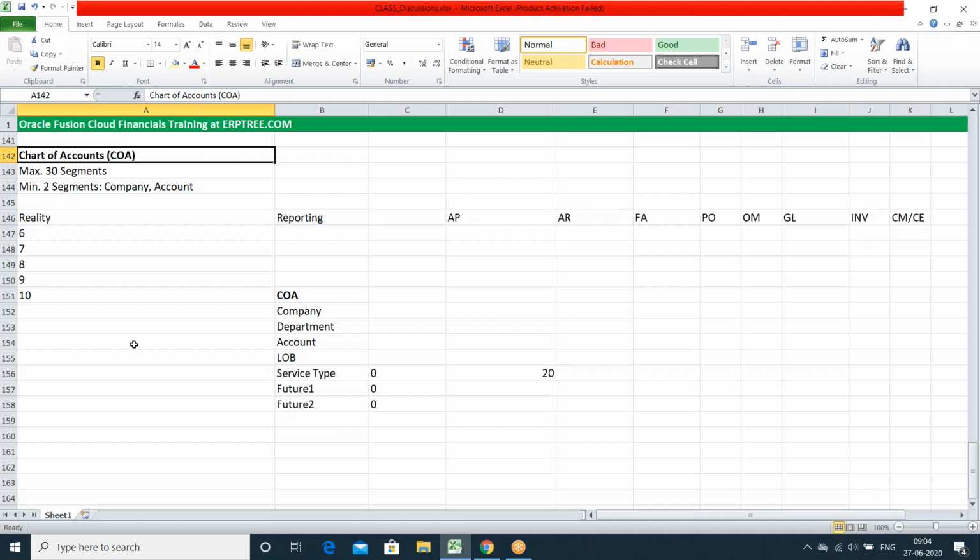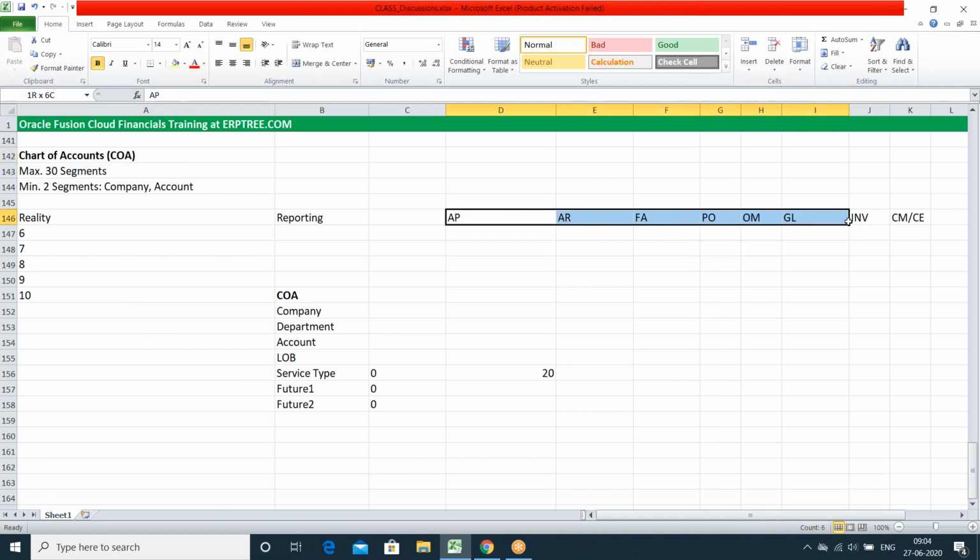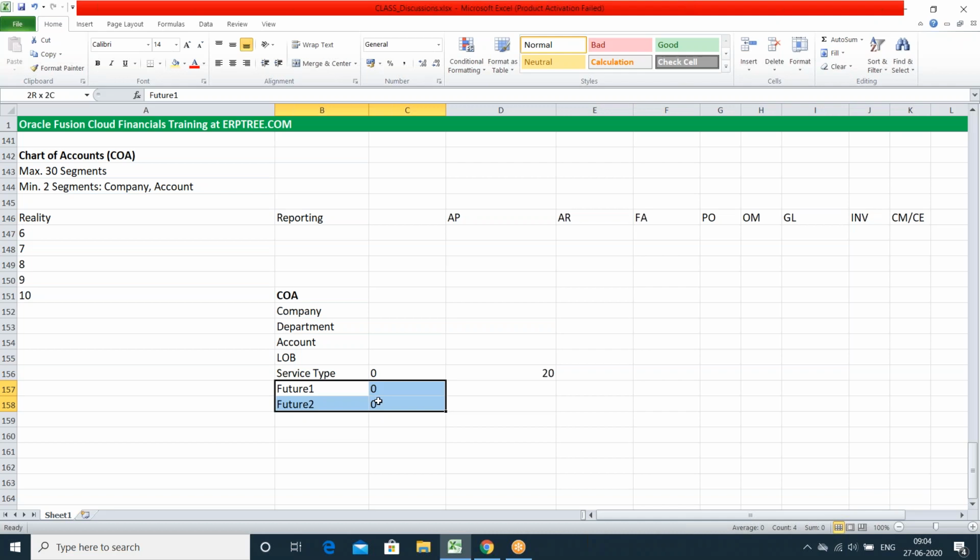We should try to reduce the number of segments, and we should not take elements into the chart of accounts as segments which are specific to a particular application. We should suggest future segments to the client so that in any business expansion or growth, those segments can be used.